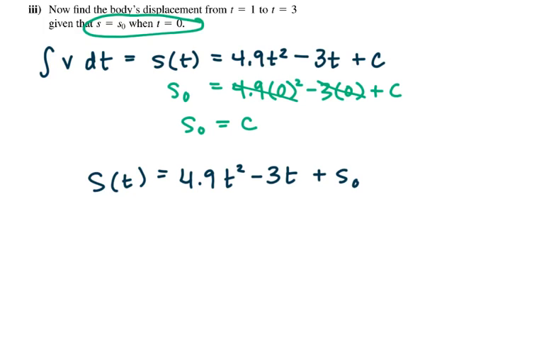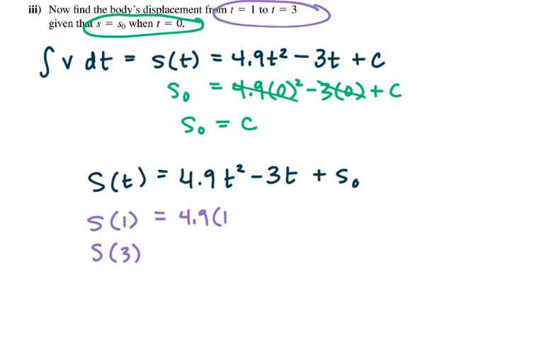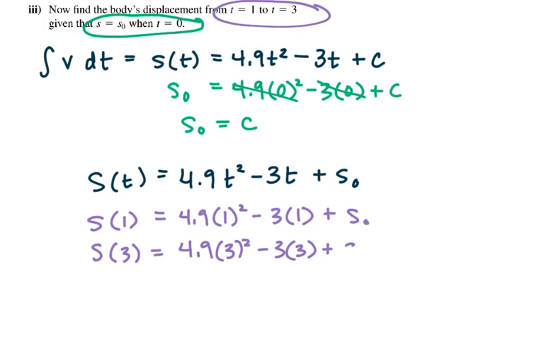So if we evaluate this from t equals 1 to t equals 3, s of 1 and s of 3, what that gives me is 4.9 times 1 squared minus 3 times 1 plus s sub 0, and 4.9 times 3 squared minus 3 times 3 plus s sub 0. My output values here are 1.9 plus s sub 0 and 35.1 plus s sub 0.